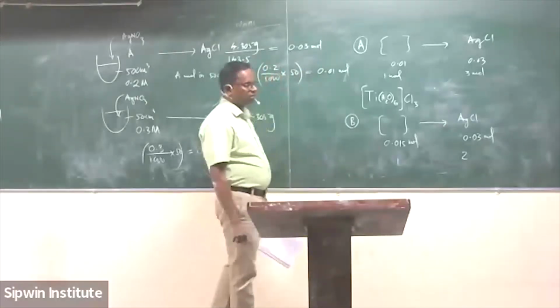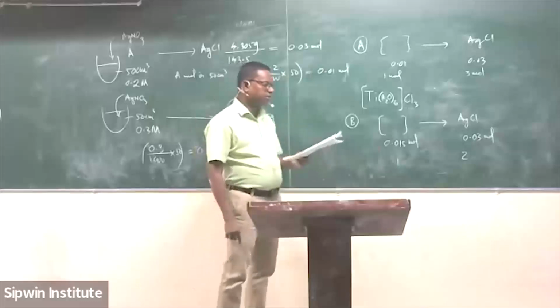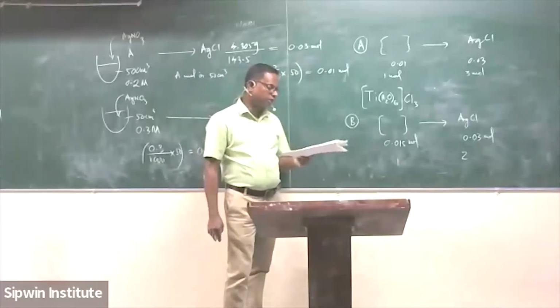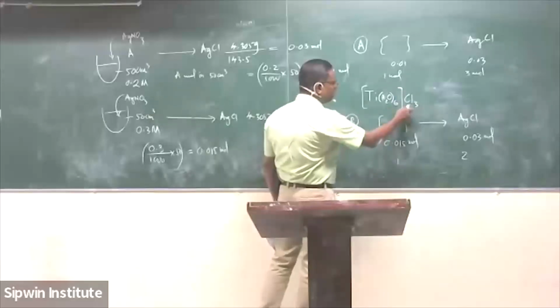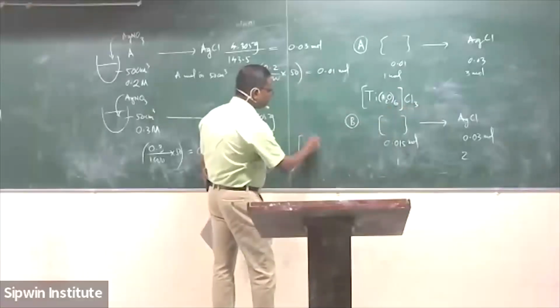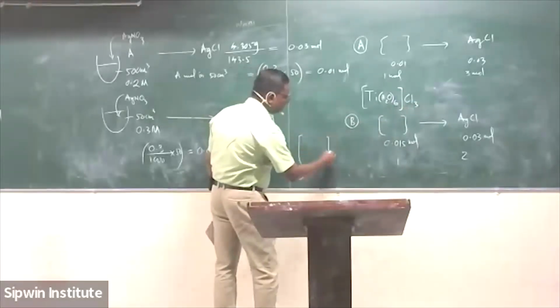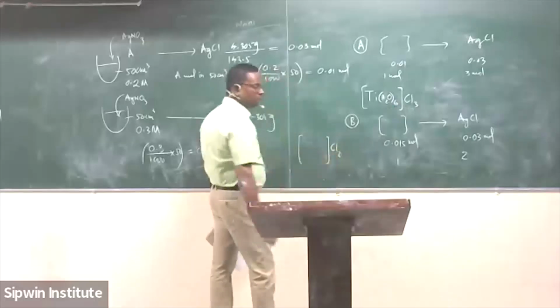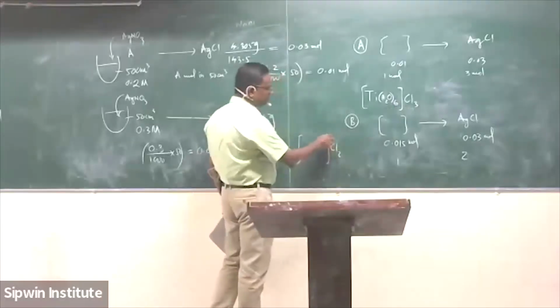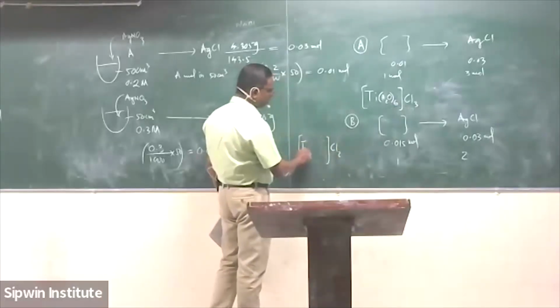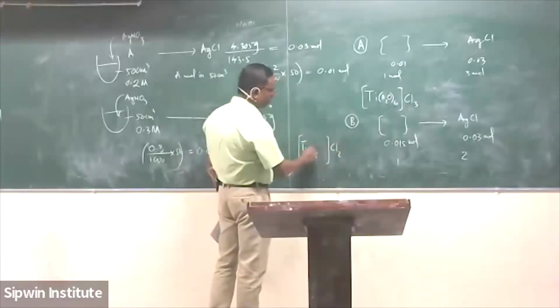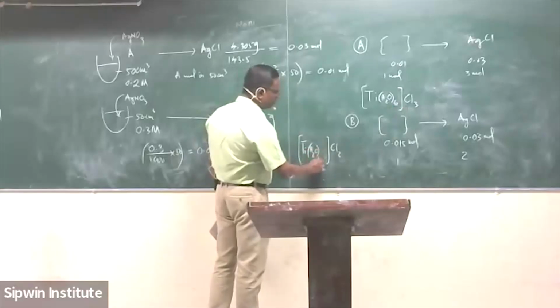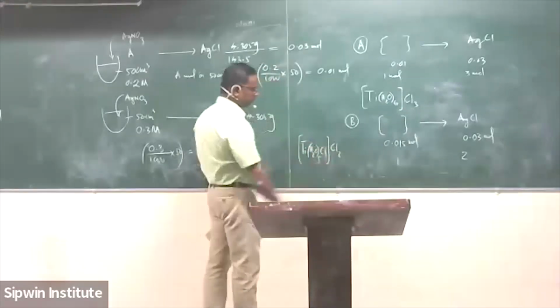With that you can guess. 2 ionic chlorides means Cl2. If Cl2 is outside, the complex ion should have a charge of 2 plus, but titanium is 3 plus. That means 5 water molecules, with 1 chlorine inside.